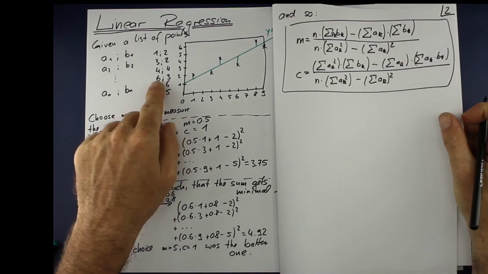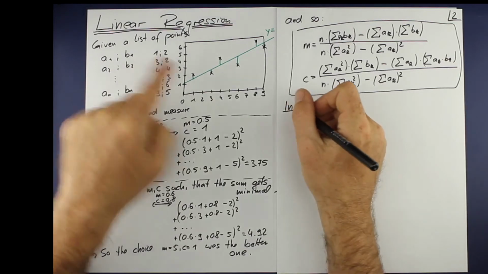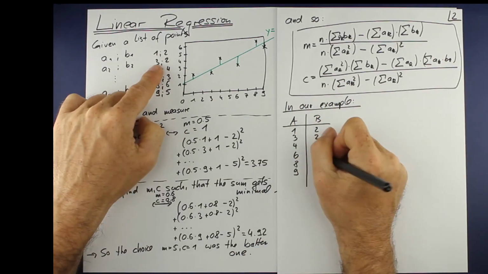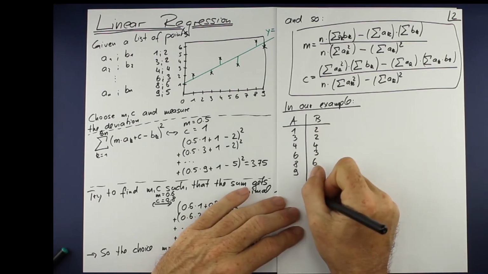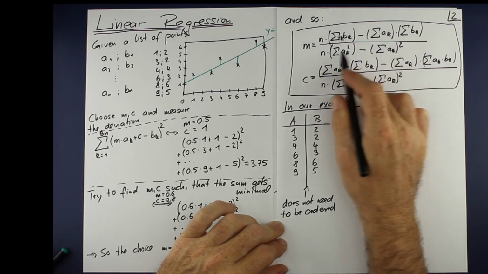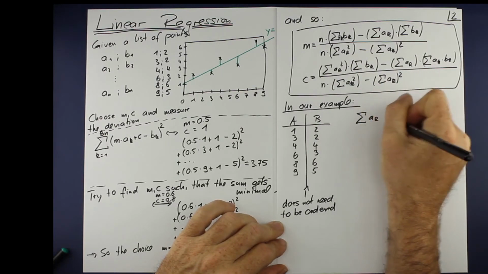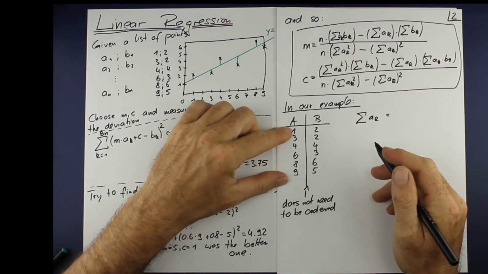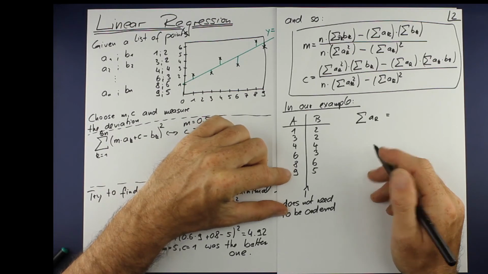Let's go back to our example in the beginning. What were the values? Here these values are ordered, but that is not necessary. And now first we need all these sums. We need the sum of the AK. This is 1, 4, 8, 14, 22, and 31.